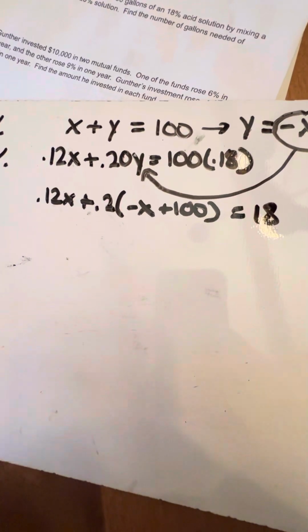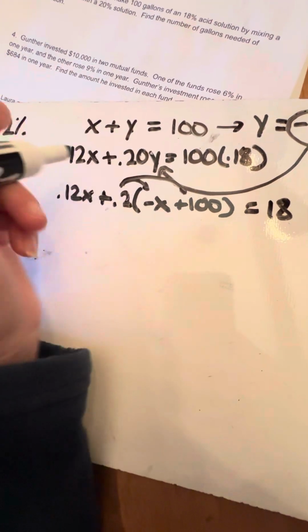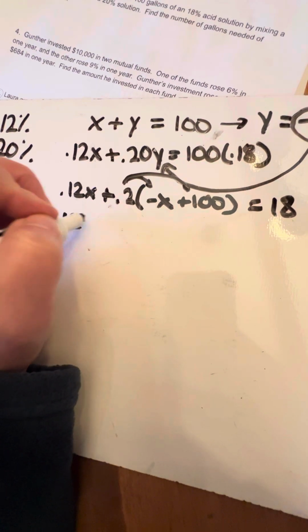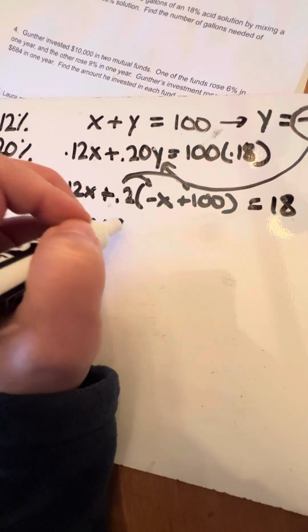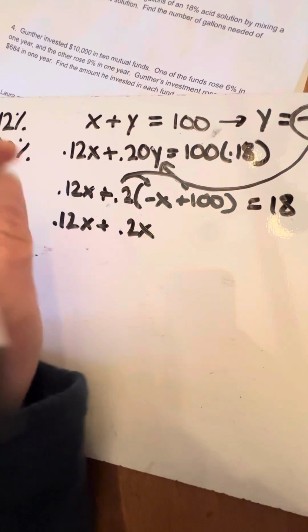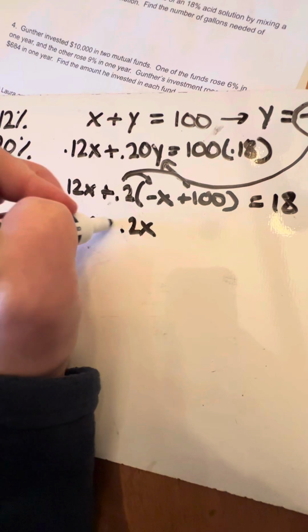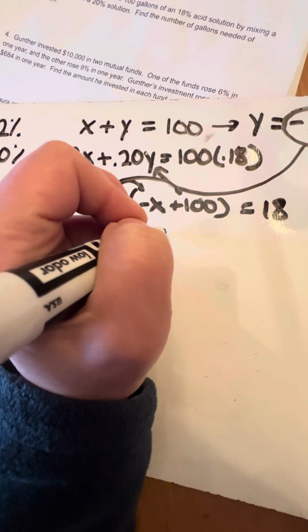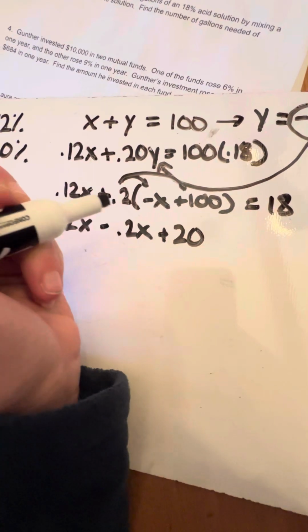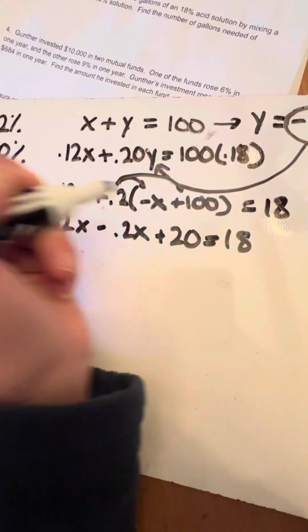Now I'm going to do my distributive property here. And I'm going to get 0.12x plus 0.2 times the negative x is going to be minus 0.2x. And then plus 2 tenths times 100 is going to give me just 20. And then that's going to equal 18.